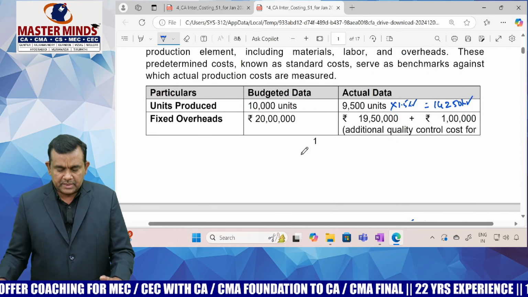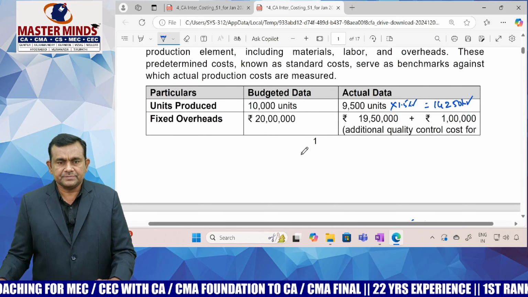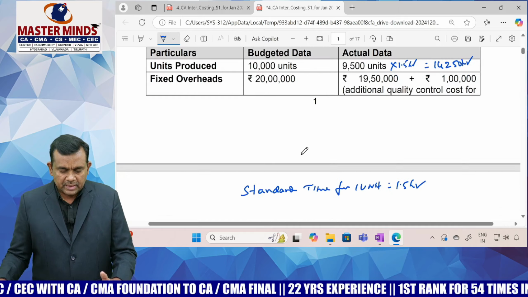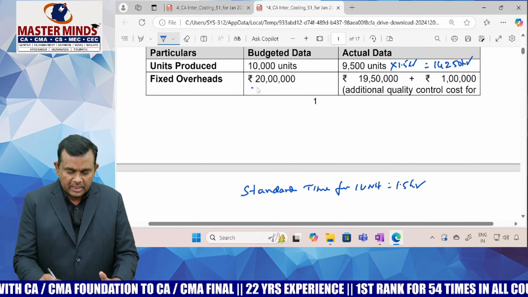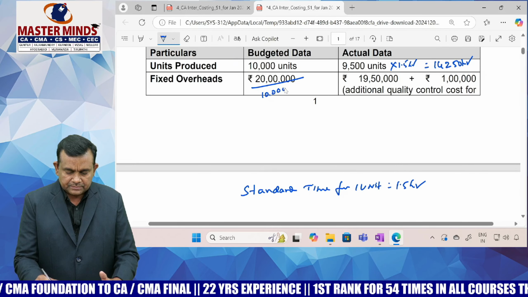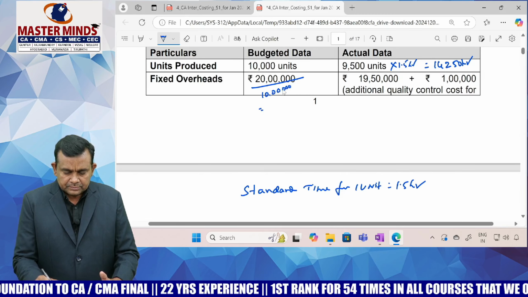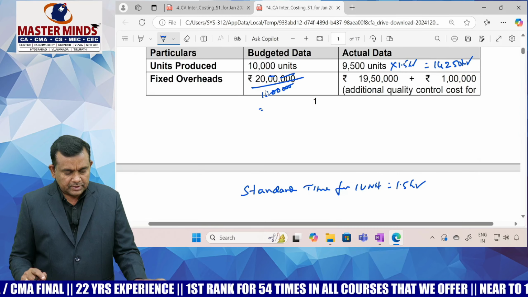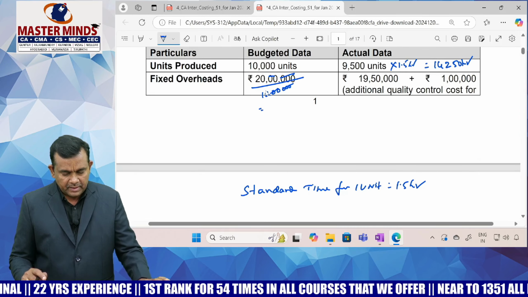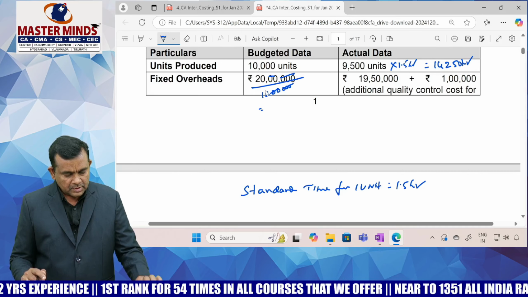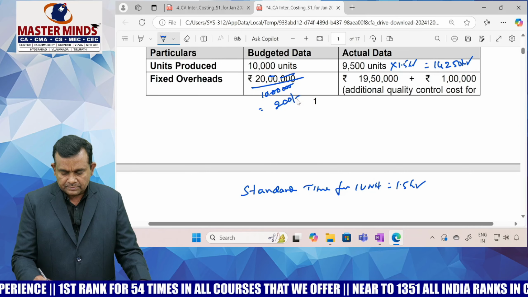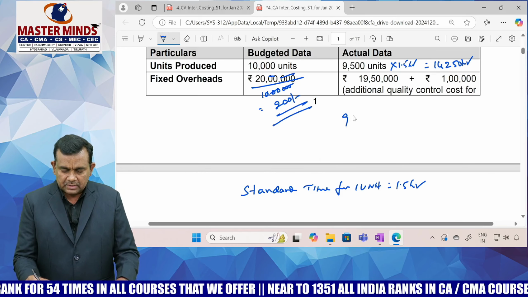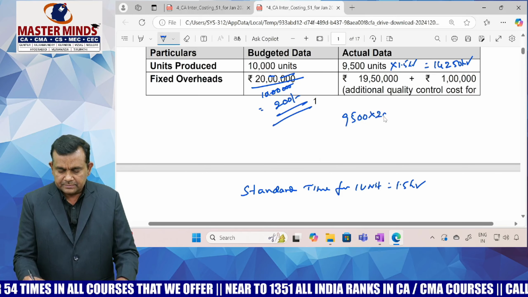Suppose actual output is 9,500 units. The fixed overhead rate per unit equals 20 lakhs divided by 10,000, that is 200 rupees, sir. So absorbed fixed overhead cost is 9,500 units into 200.